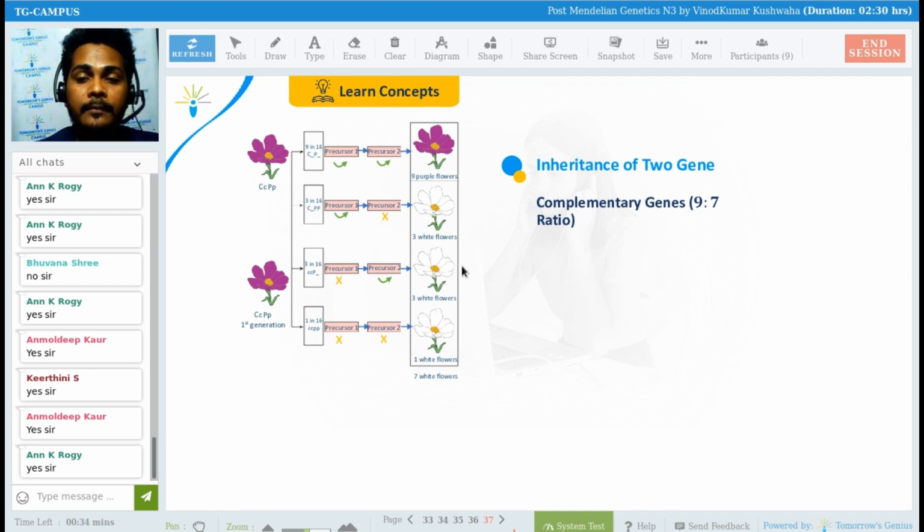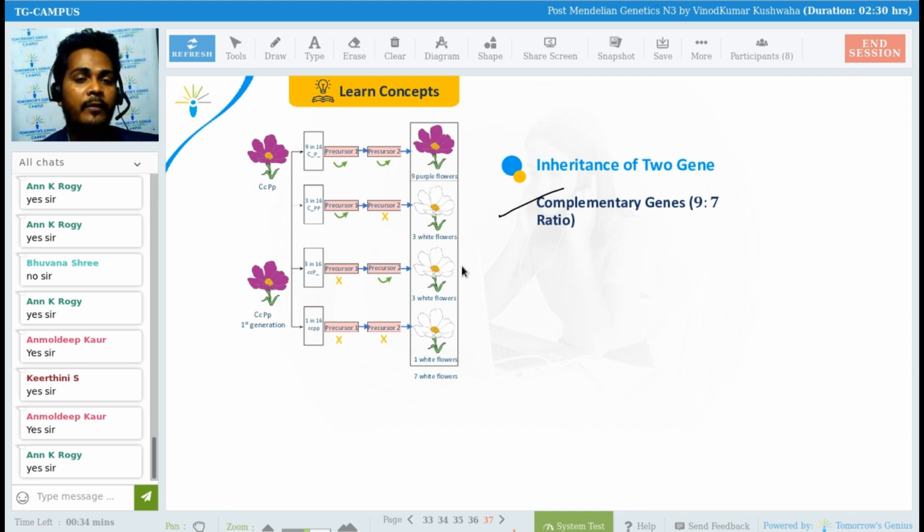Okay, now this is another one, the complementary gene, with a 9 is to 7 ratio. Now what is this complementary gene? The name itself indicates it. These are intergenic genes which independently show a similar effect but produce a new trait when present together in the dominant form.